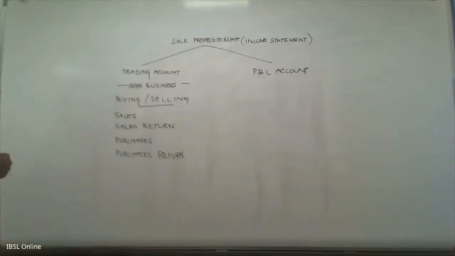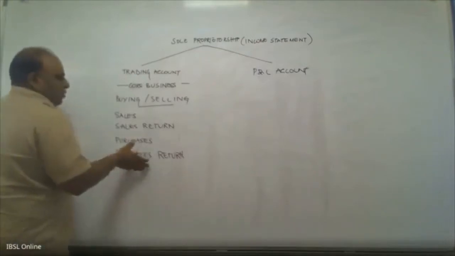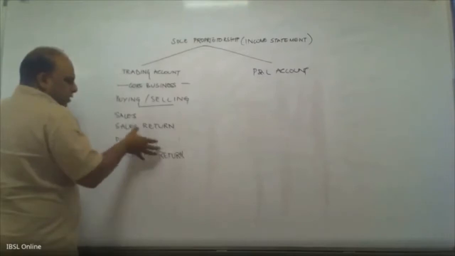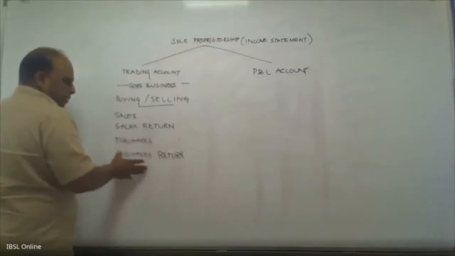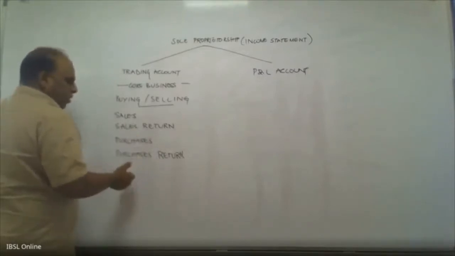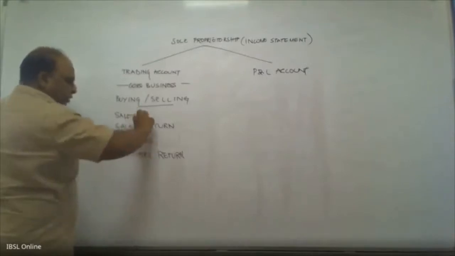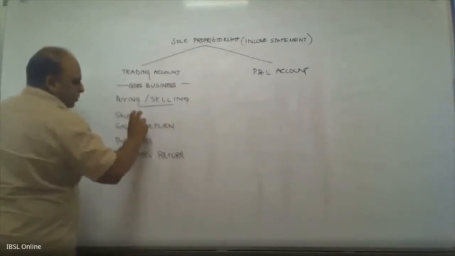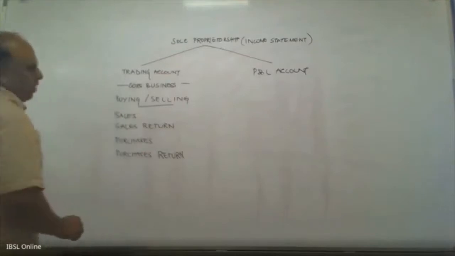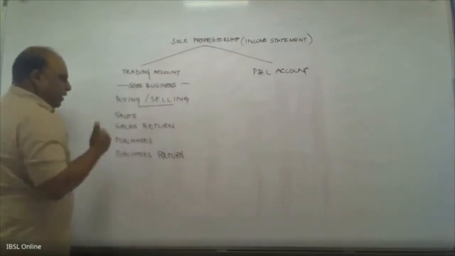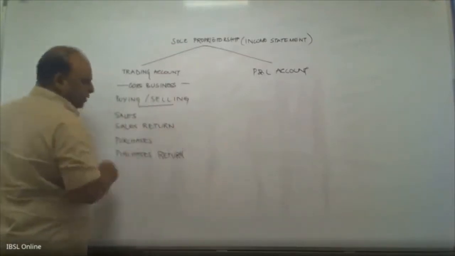Okay. So the cost that you incur for you to purchase is recorded here. For the stocks or the goods manufactured, when you sell it with a price, you record it here. When a sale gets returned, you book it in the sales return.